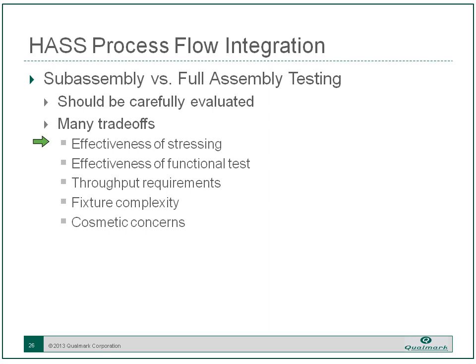Typically, that external housing of the full-up assembly will dampen vibration quite a bit and will cut down thermal ramp rates, so that you don't get as much stress on those sub-assemblies when they're incorporated in the final product. So it's often a trade-off between the effectiveness of the stress and the effectiveness of the functional test.